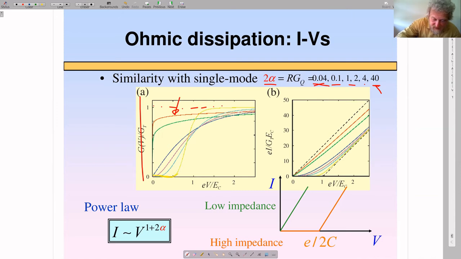So the yellow curve is almost 0, and then it approaches 1 at some stage, all around a voltage of the order of the charging energy. Good. So what can I say? In fact, it looks a bit similar to the curves I showed you for a single mode environment, but without these sharp jumps, just a smoothed curve.